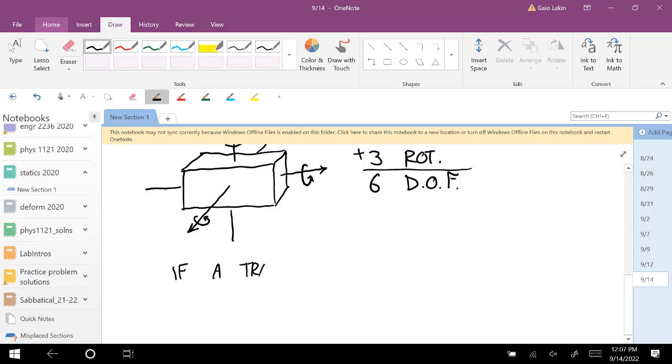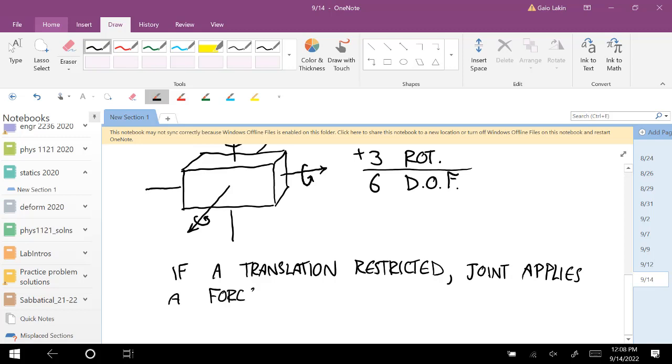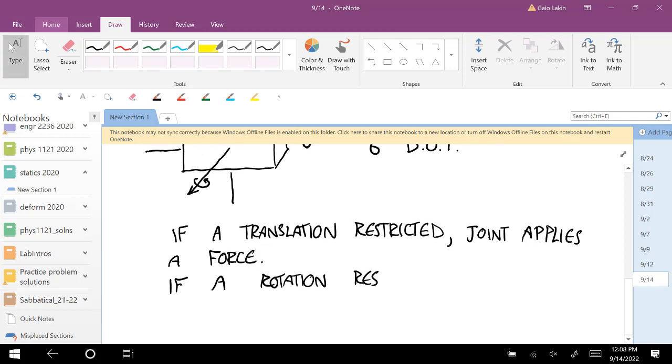If a translation is restricted, the joint applies a force. And if a rotation is restricted, the joint applies a couple.